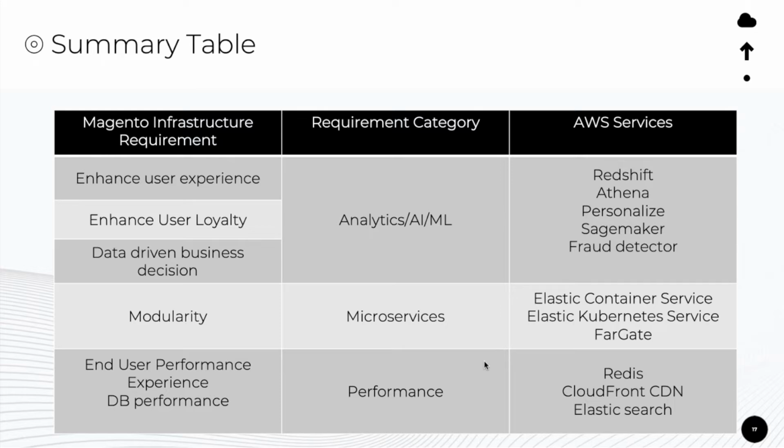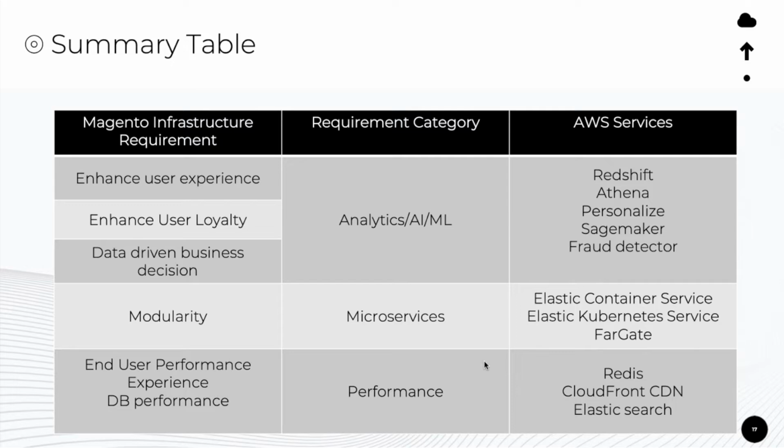And SageMaker for applying machine learning, and Fraud Detector also, which is a fully automated AI and machine learning platform for fraud detection, where different fraud detection use cases can be applied on the Magento e-commerce portal.